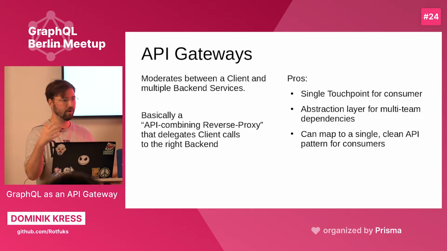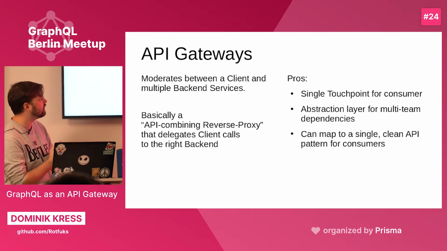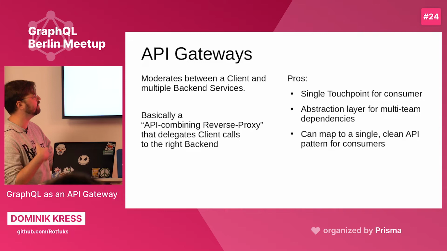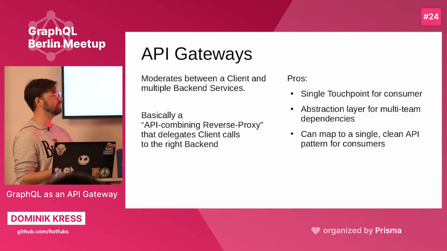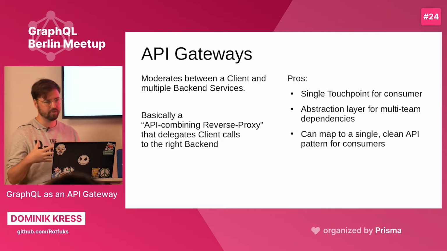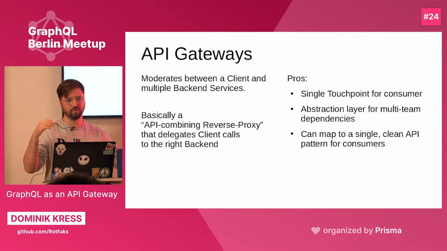And why would you do that? Well, you have a single touch point for your consumers, you have an abstraction layer for multi-team dependencies and so on. You can map your different services within a microservice, the different APIs that might come from different teams onto a singular pattern, making it easier to access it for other consumers and so on.